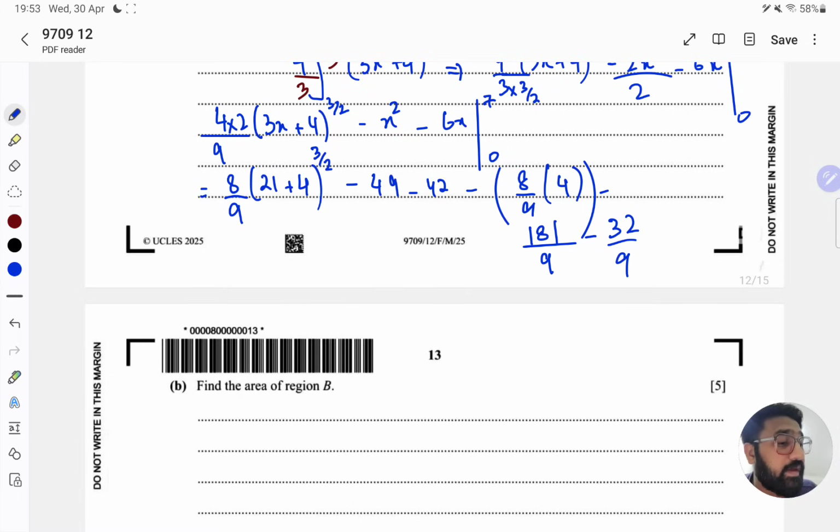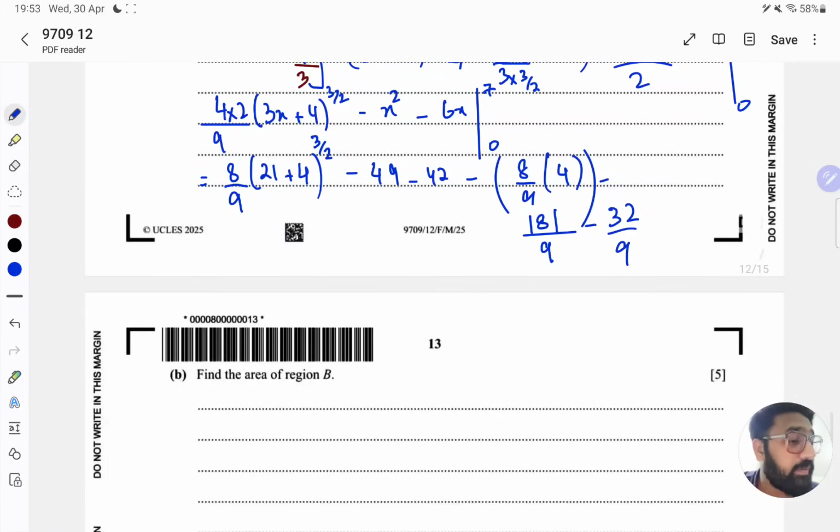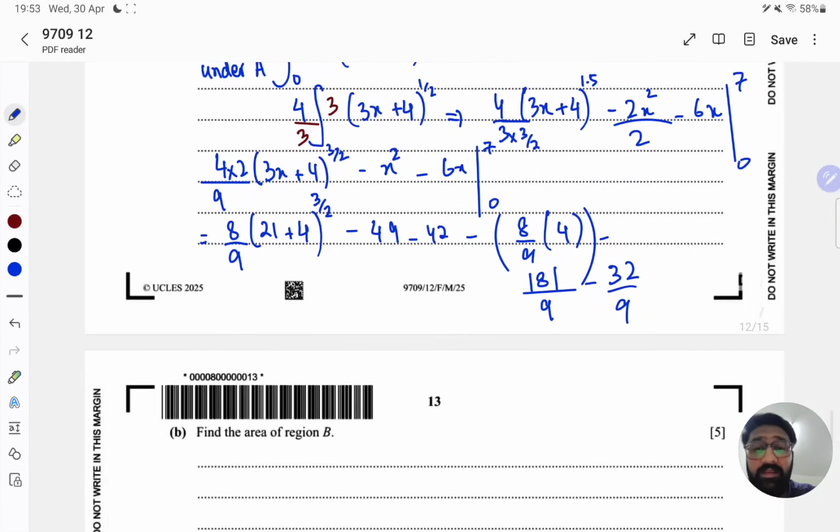So if I simplify 181 by 9 minus 32 by 9, it will be 140. So if you simplify, no, it will be 8 by 9 into, it's basically minus, and it will be 0, and it has a power of 1.5 as well.